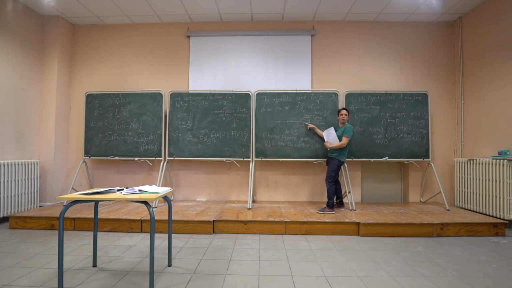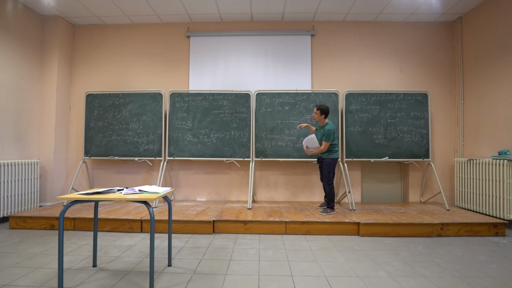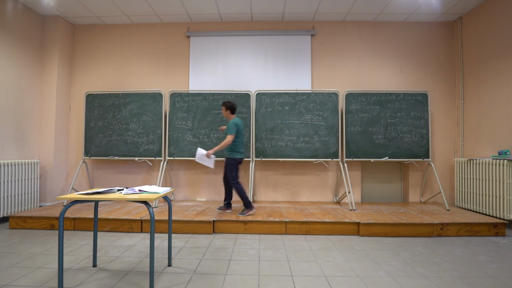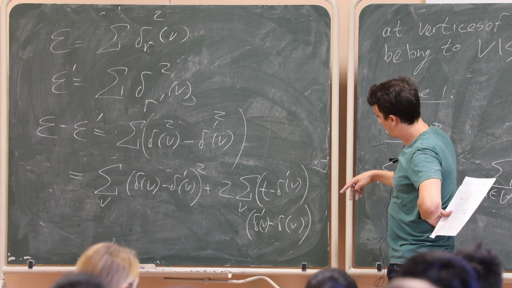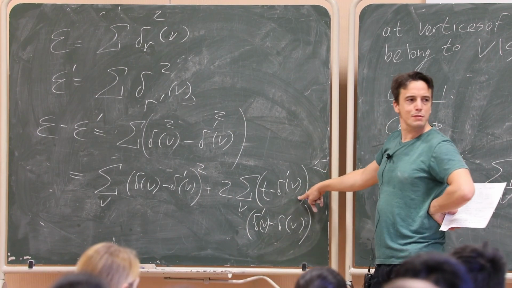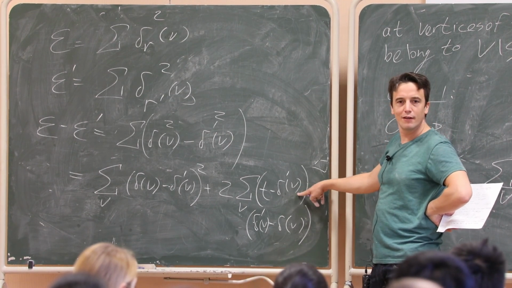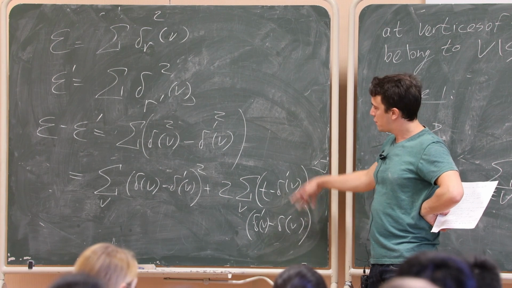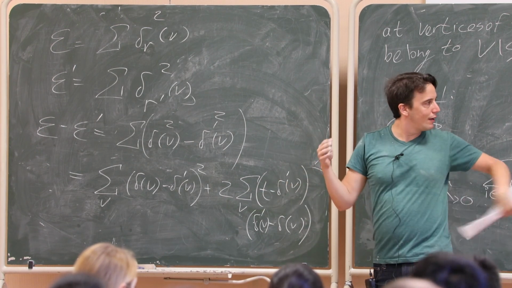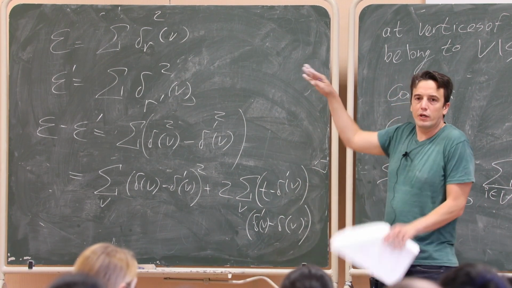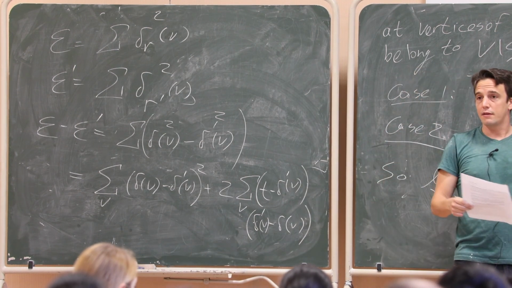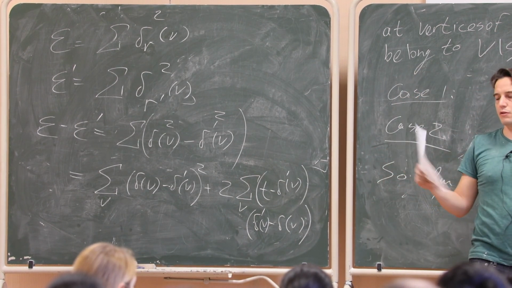So this point is somewhere here, perhaps exactly this point, but delta_v is at this side. So if this was positive, this is also positive, and the other way around: if this is negative, this also has to be negative. So just by writing it this way, we understand that the sum of squares decreases.